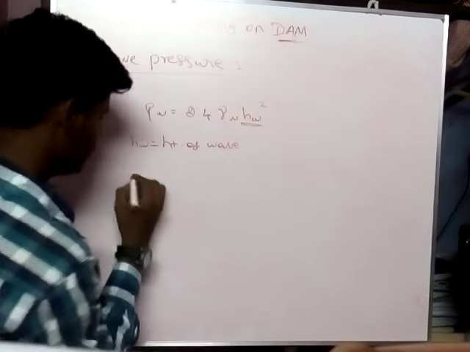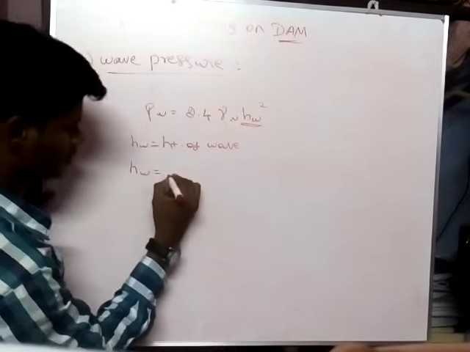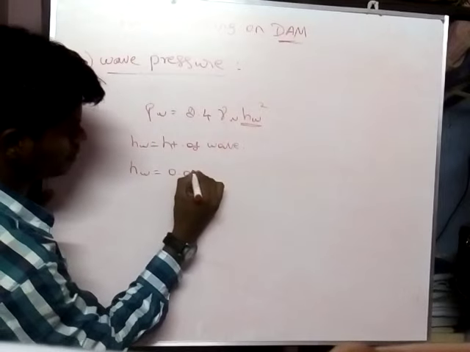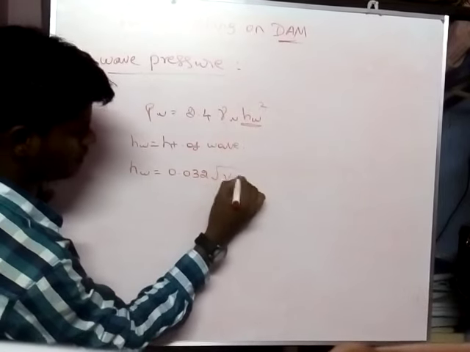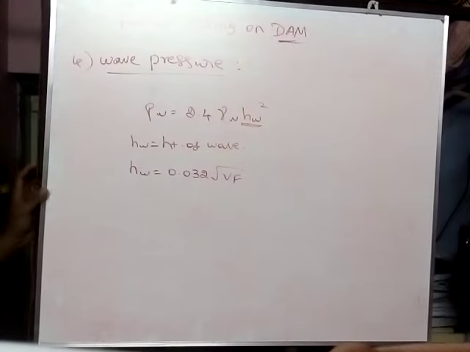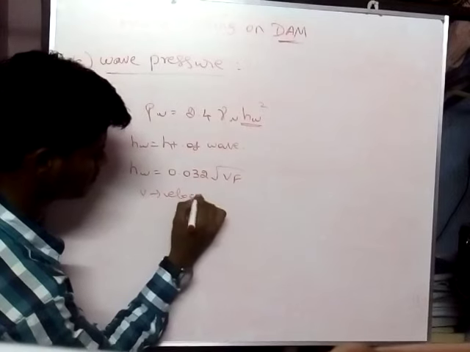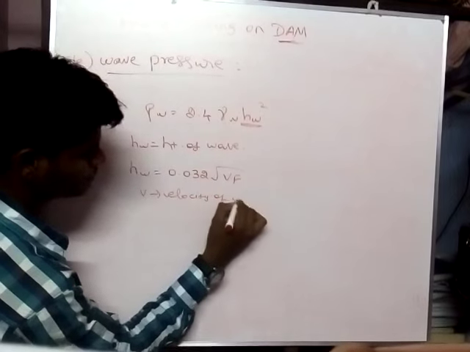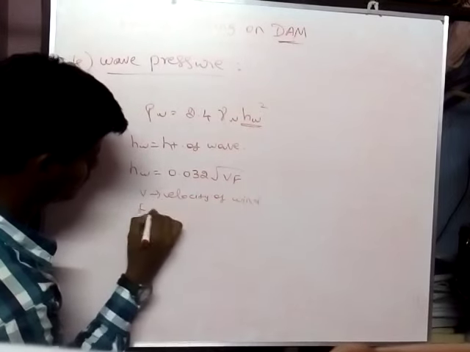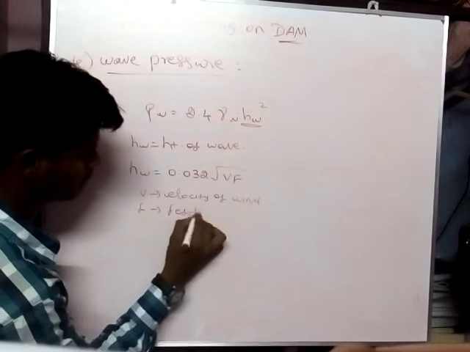How do we calculate the HW? HW is 0.032 root of VF. V is the velocity of wind. F is the fetch of the reservoir.